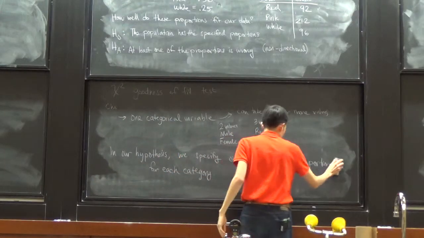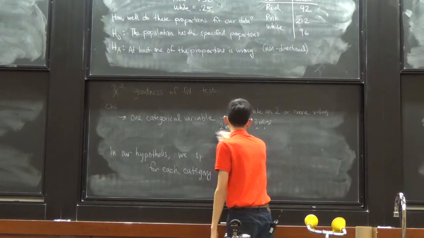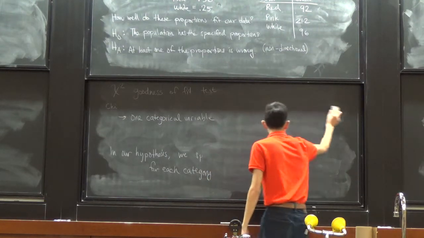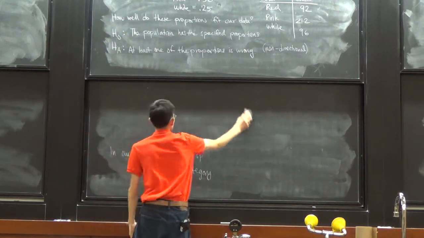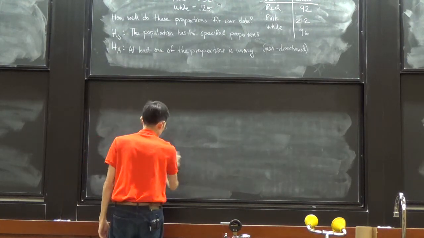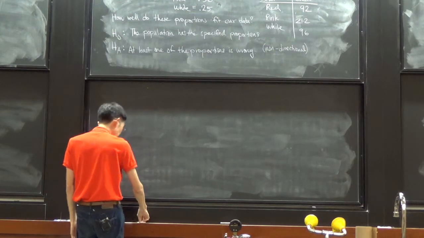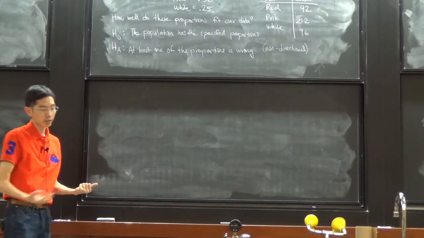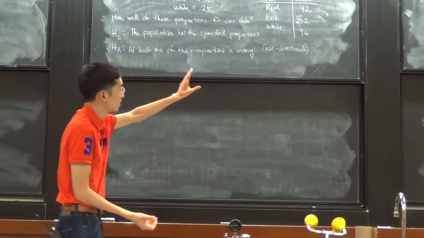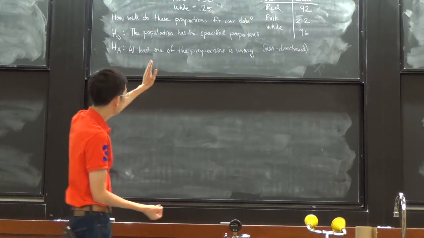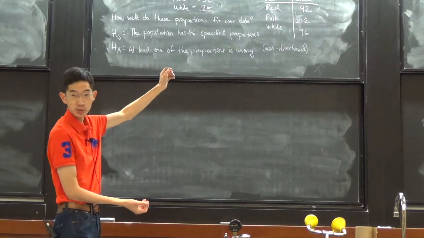So to carry out the test, we calculate a chi-squared statistic. The chi-squared statistic basically shows us how different our data is from what we would expect if our proportions were true.